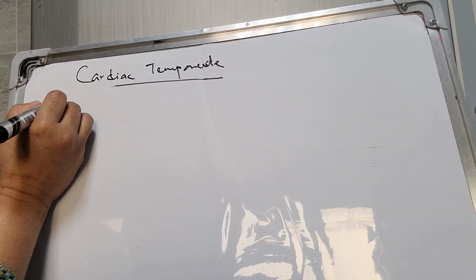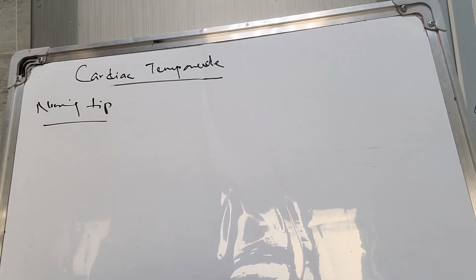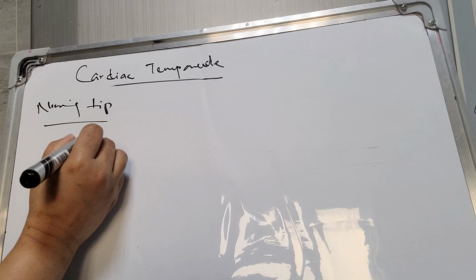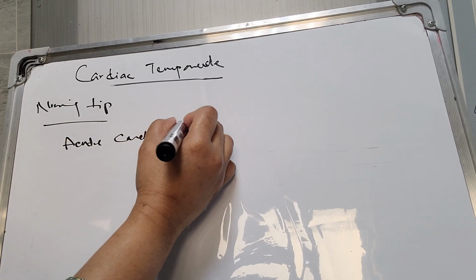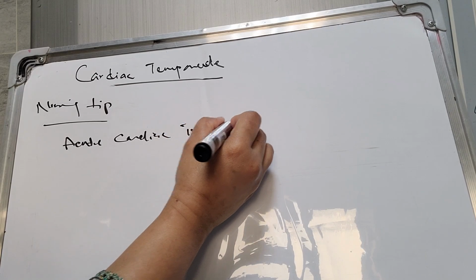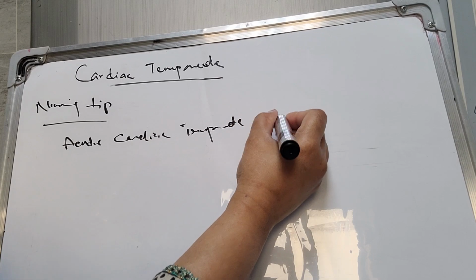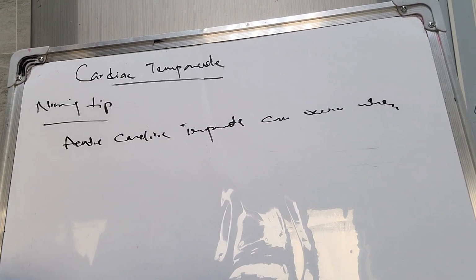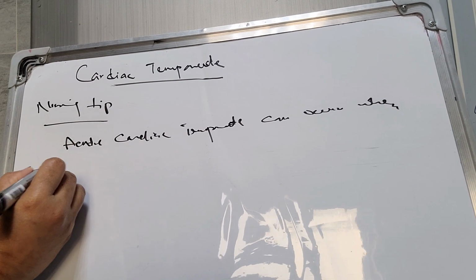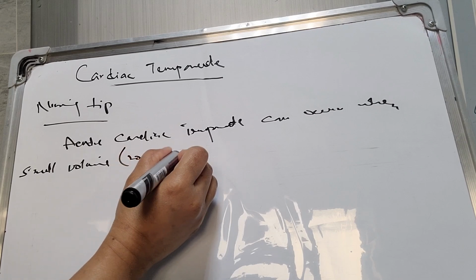One nursing tip, keep in your mind: the acute cardiac tamponade can occur when a small volume, 20 to 50 ml.